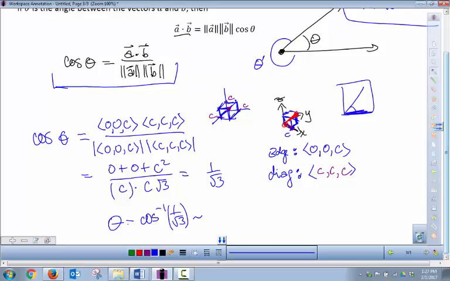You can keep it in radians also, but it comes out to about 54 degrees. So it's bigger than 45 degrees, bigger than this diagonal business. And then, yeah. Any questions?